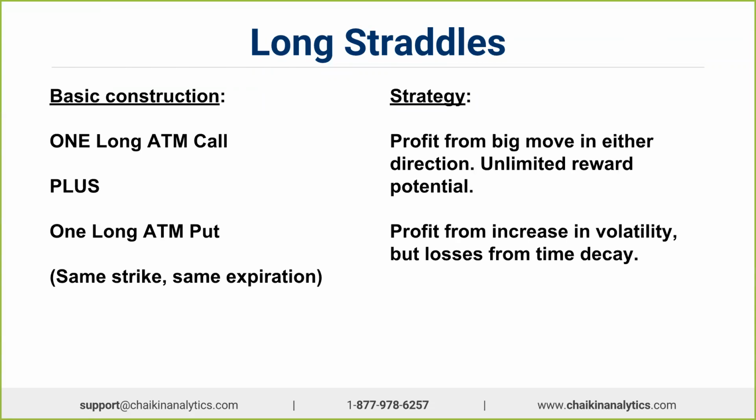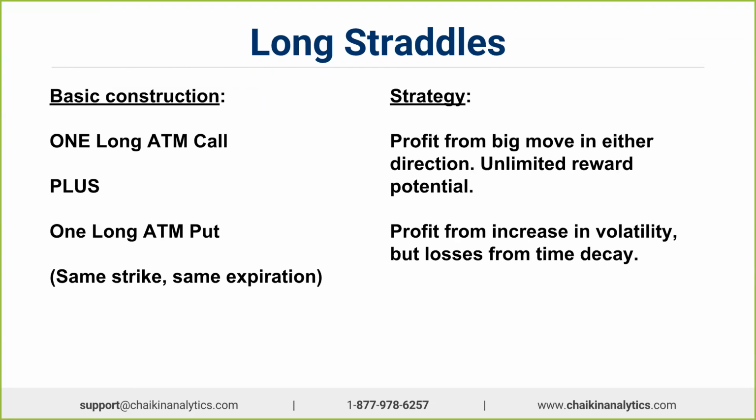In theory, you could do one of each and play it like that. Or you could look at something like a straddle or a strangle. The only difference between a straddle and a strangle is not the same strike. A strangle is different strikes, same expiration. But both of them are looking for the same basic thing, a big move.